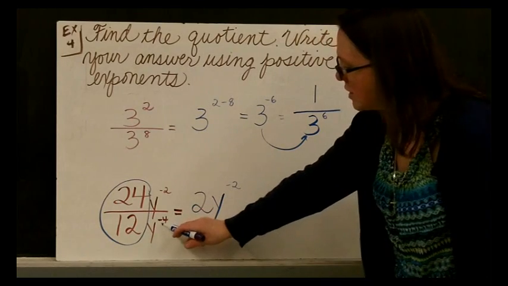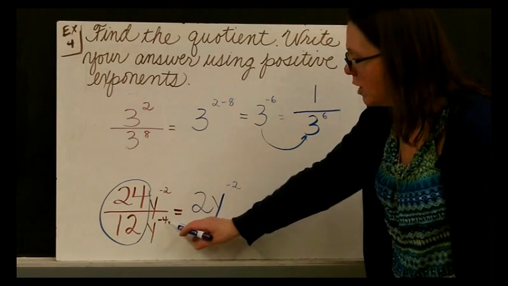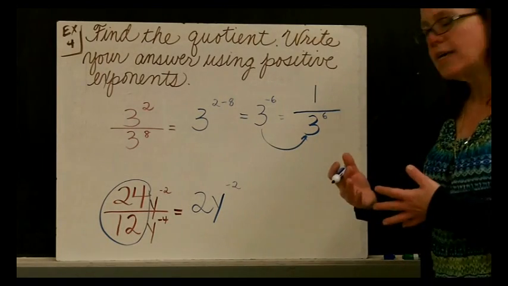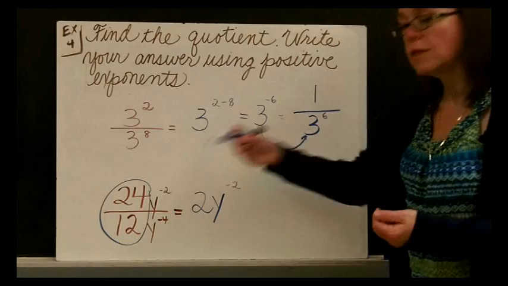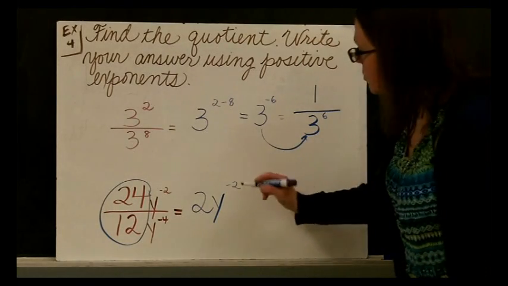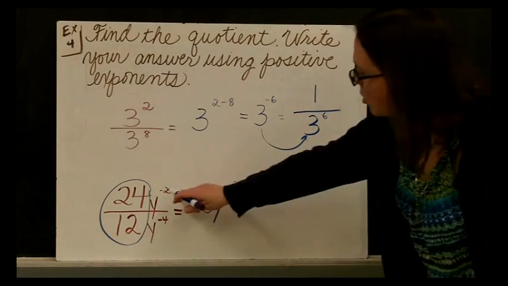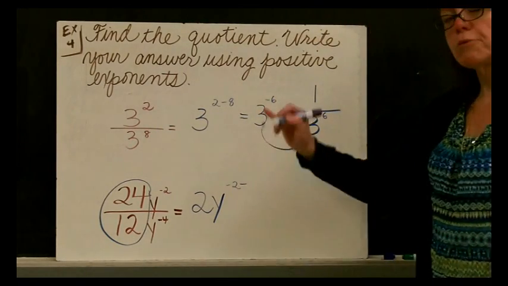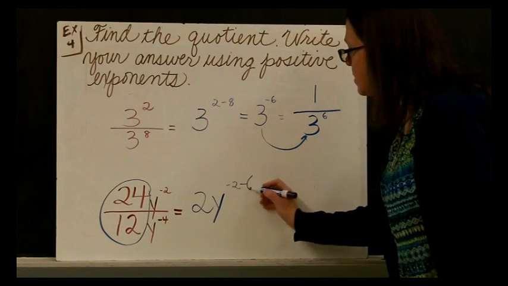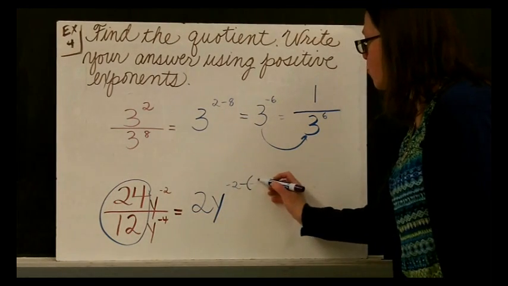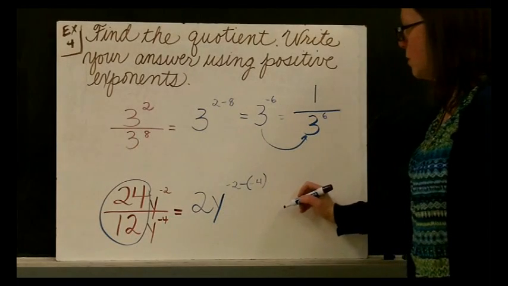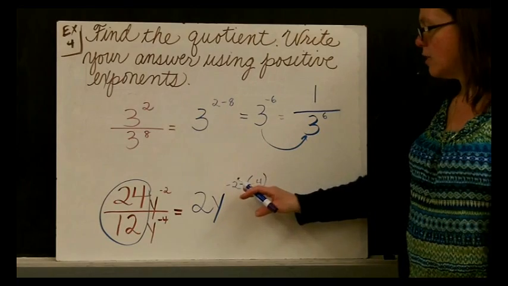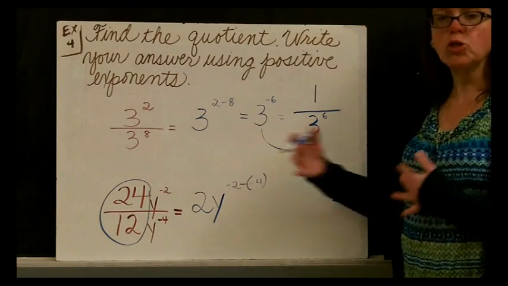Oftentimes, when a student sees a negative number as the second number in a subtraction expression, they think that negative will replace the minus sign, and it doesn't. So here's how I like for you to write it. We have a -2, then we put in our minus sign for the operation, and then in parentheses we put our -4. Because there is a big difference between a -2 minus a -4, and just a -2 with a -4 next to it.